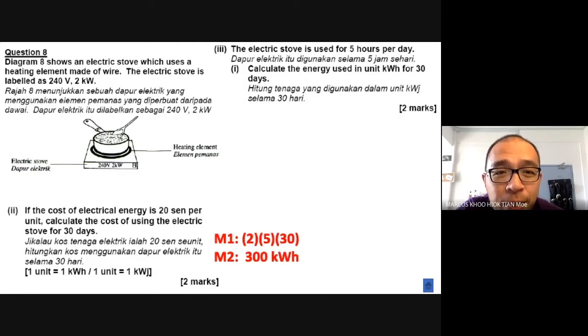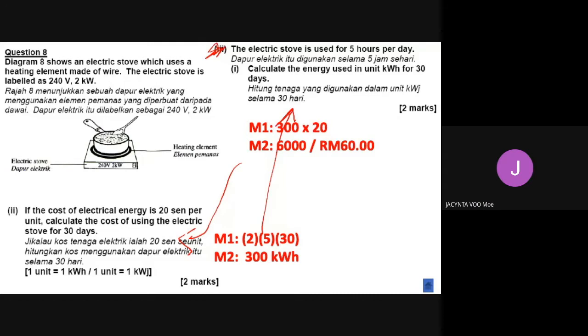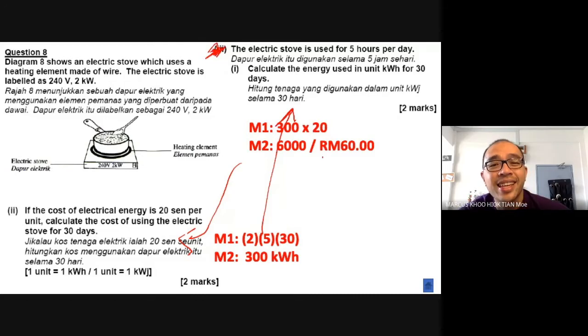Calculate the energy in 30 days, and then the cost is over here, the 60 ringgit. The final answer is 60 ringgit. This one is 300 kilowatt hour.